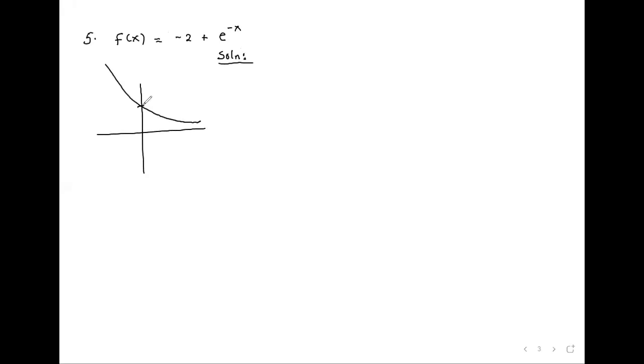This shape. Okay. So from that shape, what next? I have a number being added. So my f of x is going to be, instead of me dealing with the x-axis as the asymptote, my asymptote now will be -2. So you go to -2 and draw the asymptote.